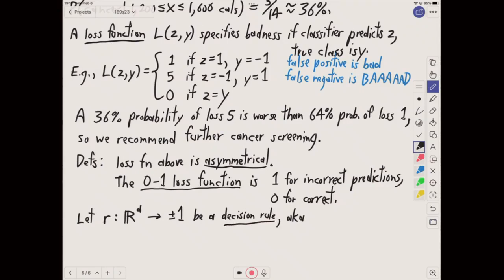A decision rule, in a sense, is another word for a classifier. I mean, they're not exactly the same. A classifier is usually a computer program that you wrote. A decision rule is just the function that's computed by that computer program, a mathematical abstraction of the computer program to just a math function. Little r is that math function.